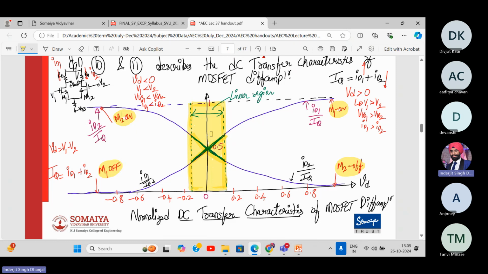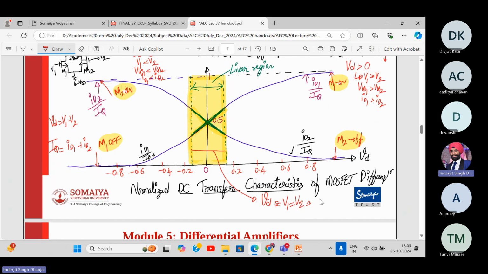All right, understanding? So in this range, we can say differential voltage is V1 minus V2, which is very, very close to zero. That means V1 and V2 are almost the same. And here we can assume ID1 is almost equal to ID2. They are at almost similar levels. Let's say one is at 12 milliampere, the other might be at 10 milliampere.